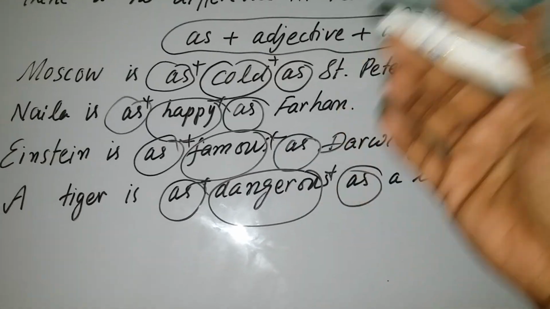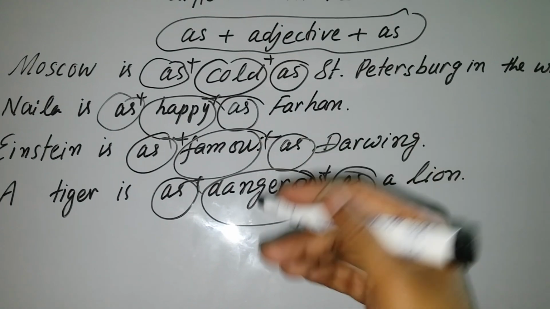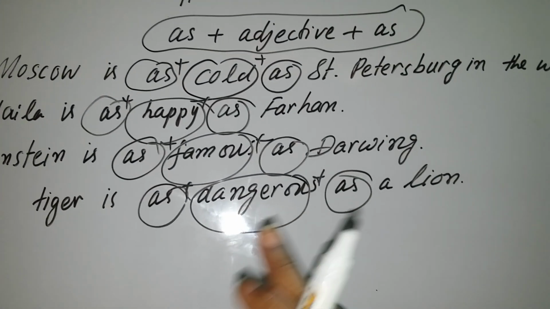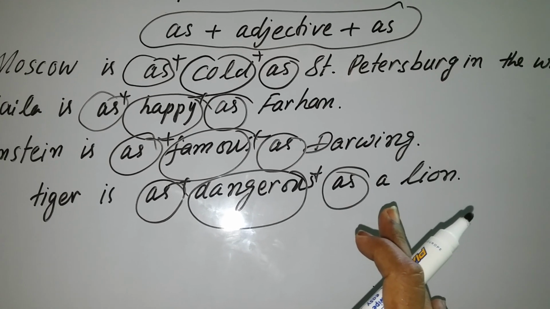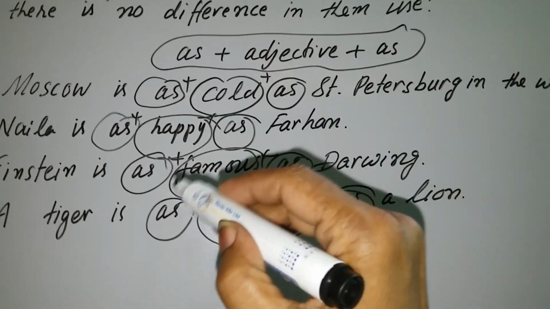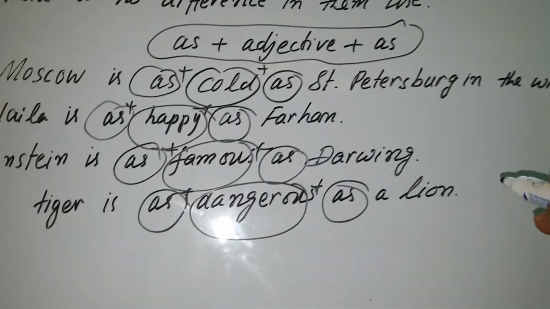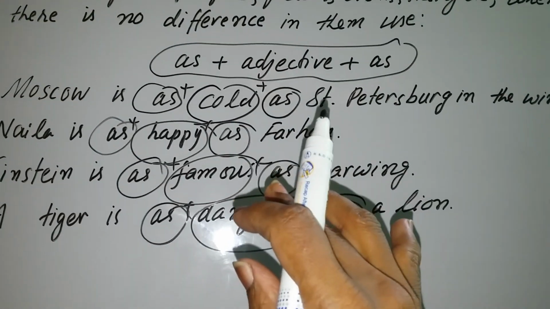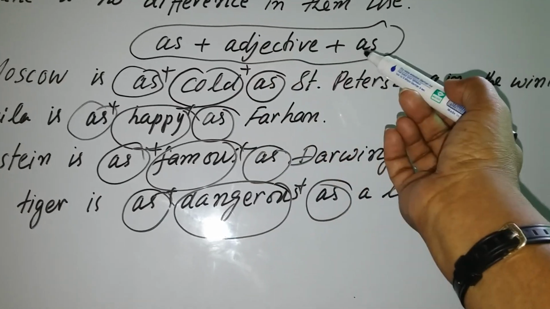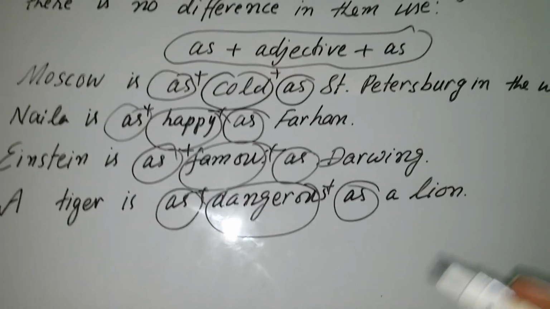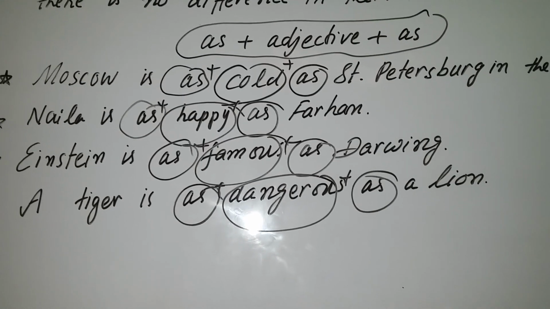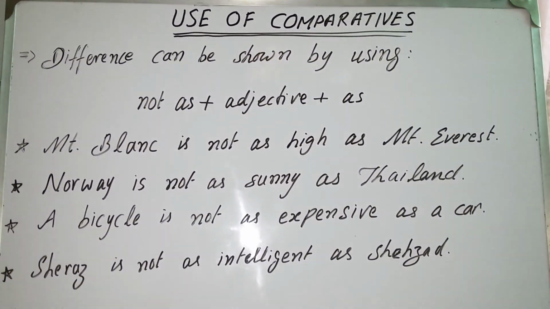When you want to show the difference between two nouns, then you will use the previous formula, comparative plus than, and the next formula that I taught you, less plus adjective plus than. But if there is no difference between the two nouns, then you will use this formula, as plus adjective plus as. Now proceed towards another comparative sentence.